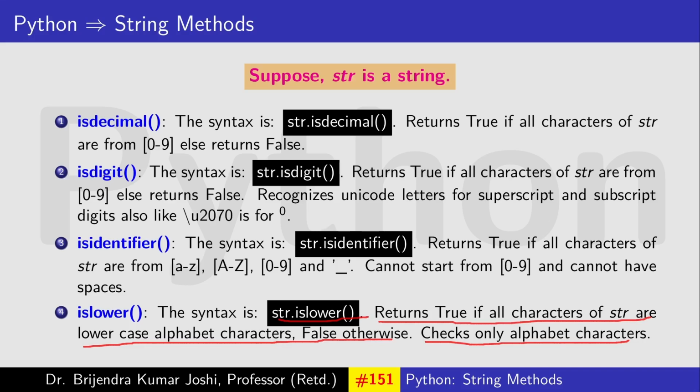If you have characters other than alphabet letters in the string, it does not check them. So you may have any characters, but all alphabet letters must be lowercase. If they are all lowercase, and you have other characters as well, then also it will return true.